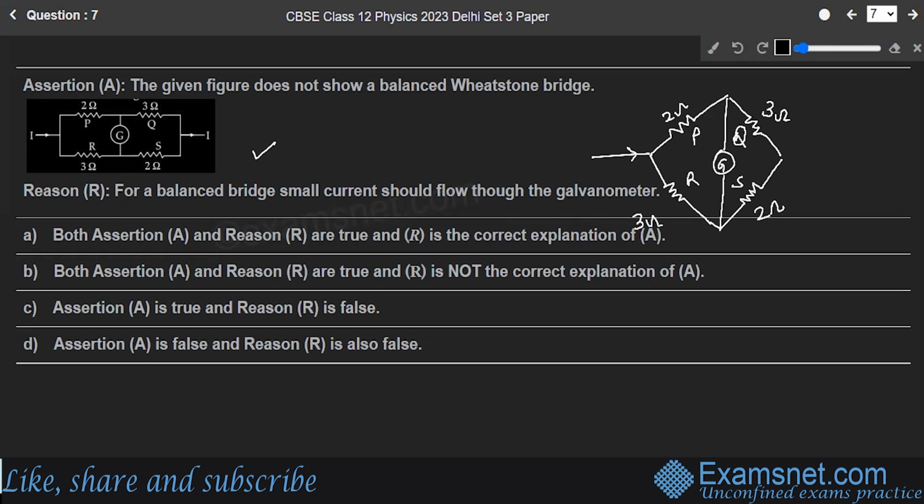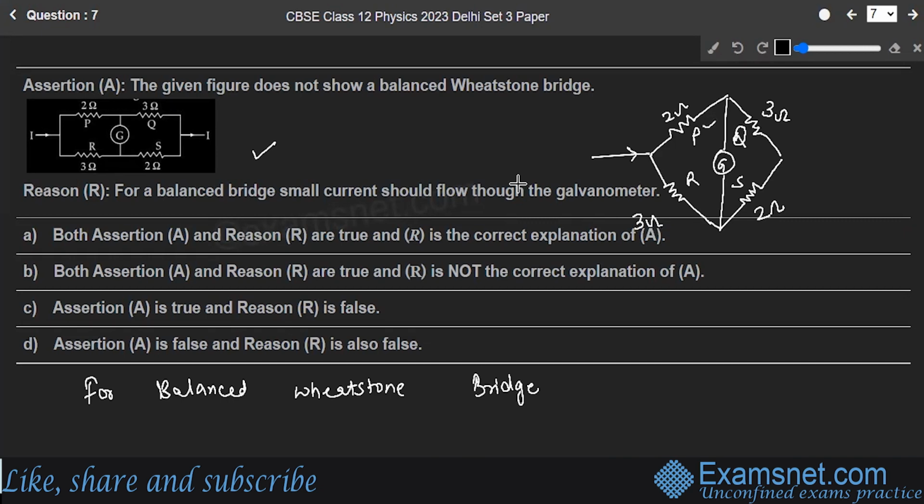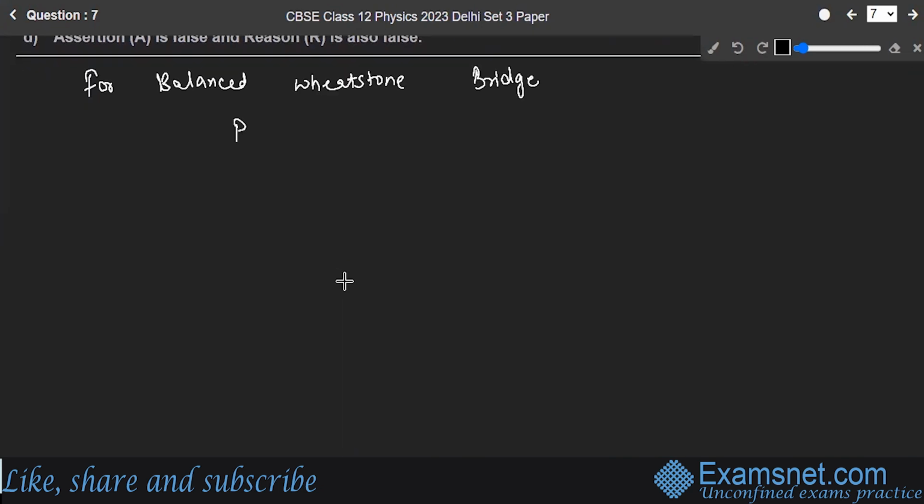Now, for a balanced Wheatstone bridge, you should have that P upon Q should be equal to R upon S. Let's write it over here. P upon Q should be equal to R upon S, or that's 2 upon 3 should be equal to 3 upon 2.